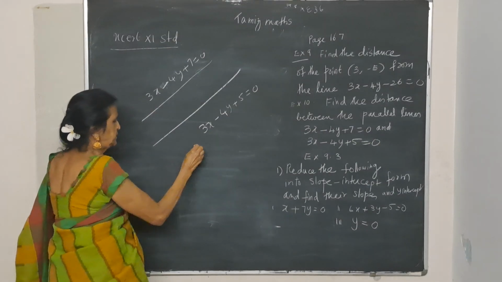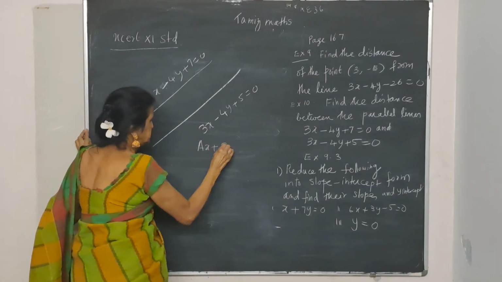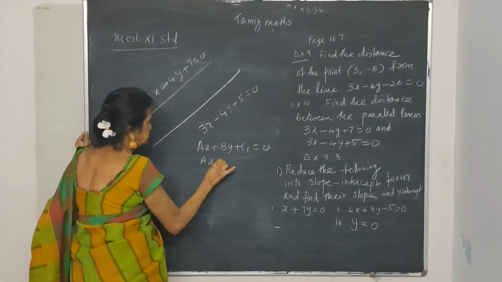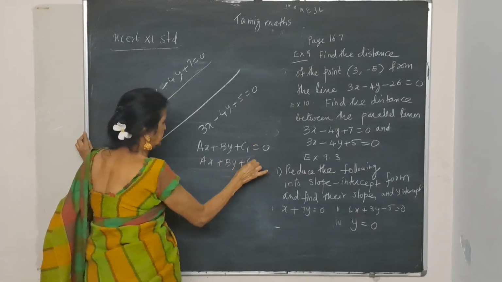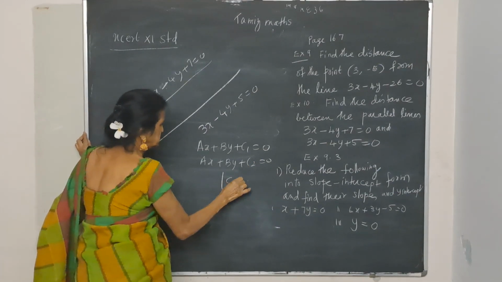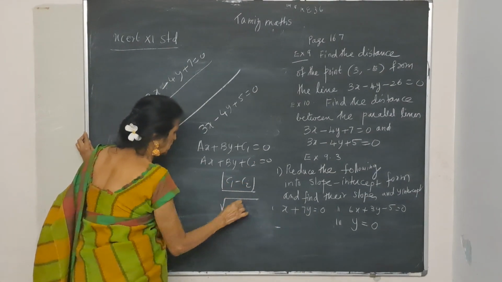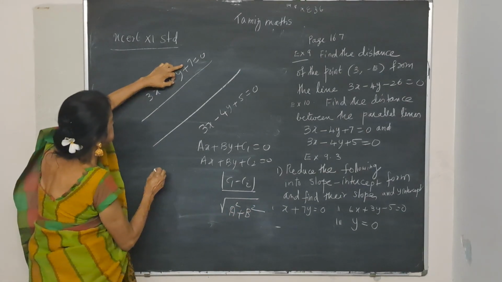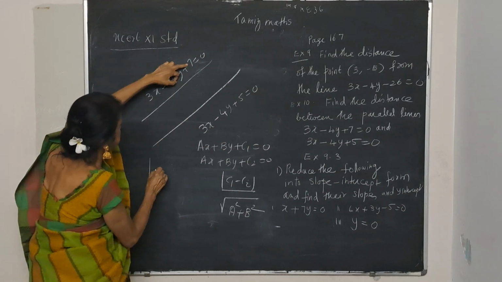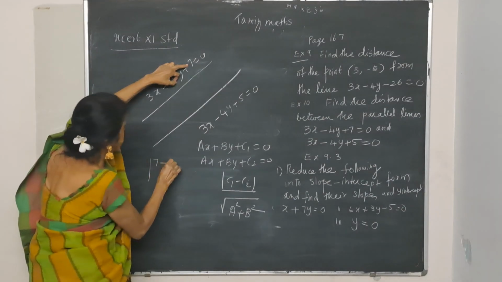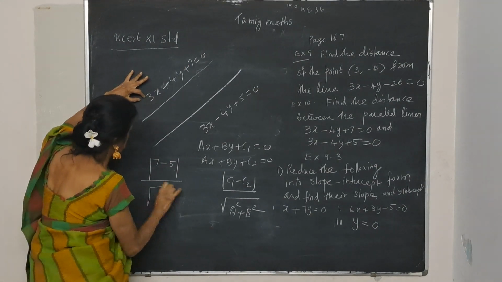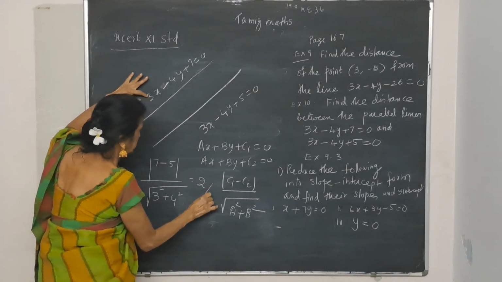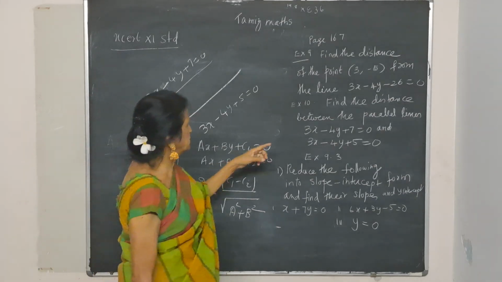So the distance between parallel lines ax plus by plus c1 equal to 0 and ax plus by plus c2 equal to 0 will be modulus of c1 minus c2 by root of a square plus b square. This is the formula. So modulus of 7 minus 5 by root of 3 square plus 4 square, that is 2 by 5. That will be the answer for this question.